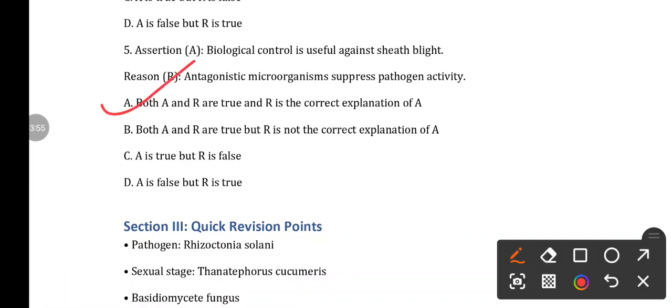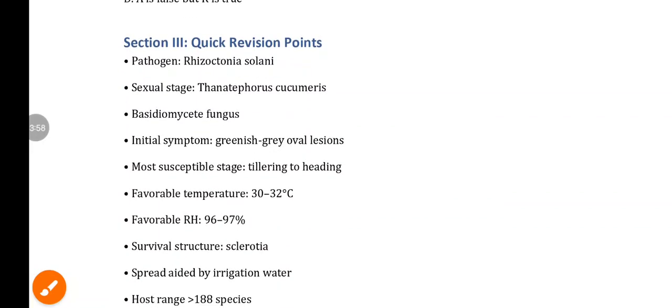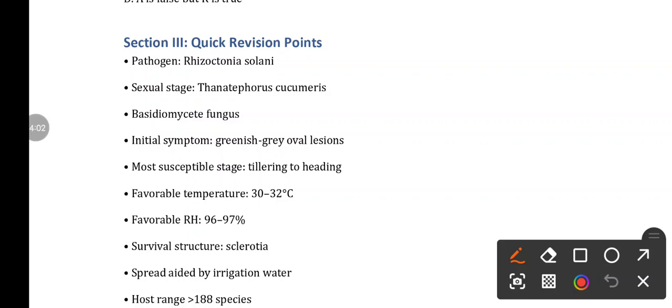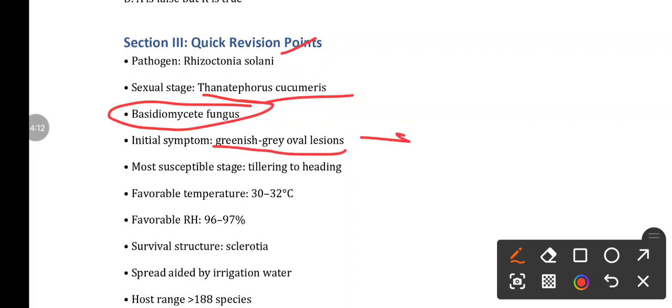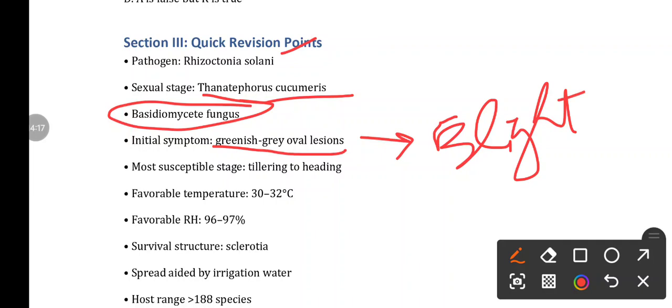Next, section C, quick revision points. So, the pathogen infecting the seed blight is Rhizoctonia solani. Its sexual stage is Thanatophorus cucumeris, which is a Basidiomycetes fungi. The initial symptom is greenish to oval lesions that will coalesce and cause the blighting of a large seed area.